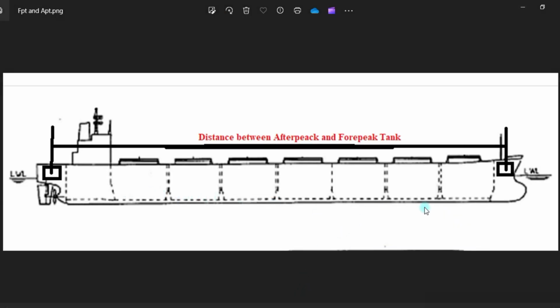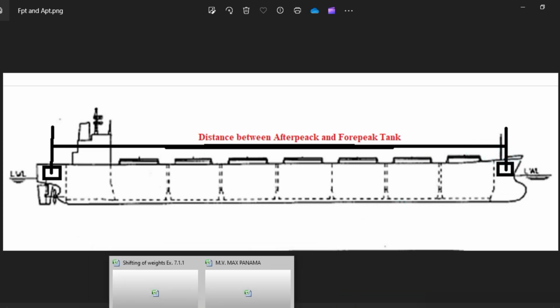This is a Panamax vessel, so he will pump out 200 metric tons here in Afterpeak. After completed pump out here in Afterpeak, he will pump in 200 metric tons in Forepeak tanks. So it is just like shifting the 200 metric tons of ballast water to Forepeak tank.